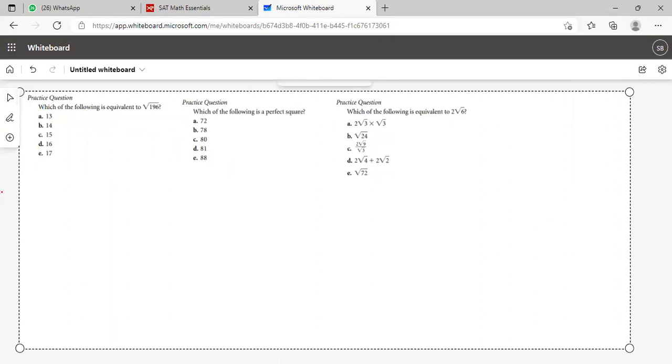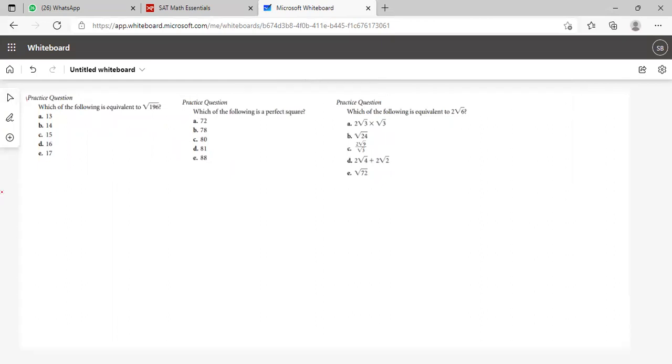So we have three practice questions here. Which of the following is equivalent to under root 196? Now they are not going to ask you this question in the calculator part. Obviously, they'll ask you in the non-calculator part. To solve this, you don't have to find 3 square and then 14 square.